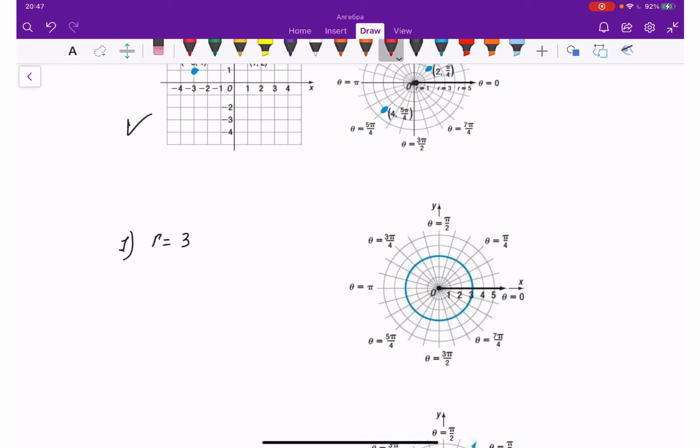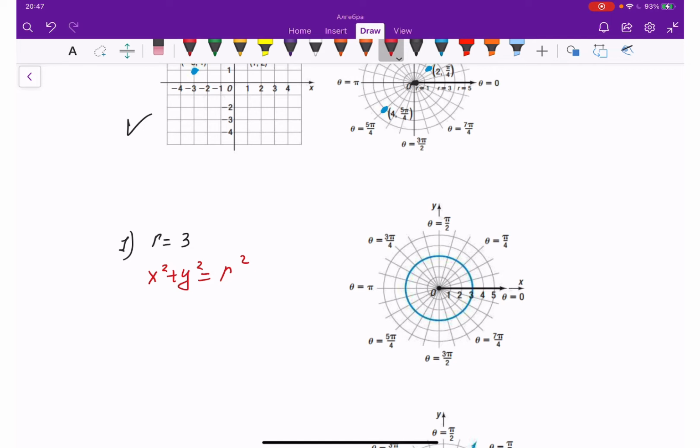Since we are working in the polar system of coordinates, which represents concentric circles, let's write down the formula for the circle, which is x squared plus y squared equals r squared. Here x and y are the coordinates of the center of the circle, and r is the radius, which in the polar system is also represented as the distance, or now we can call it the radius.